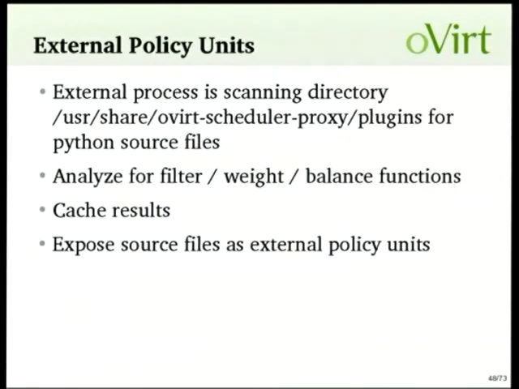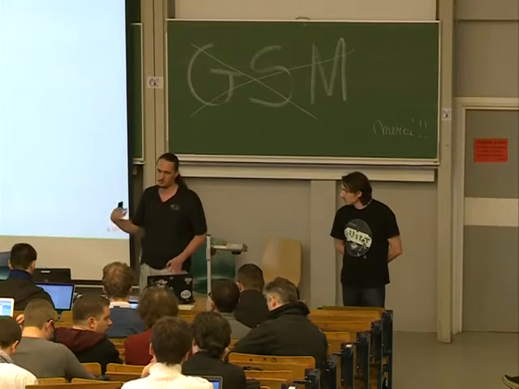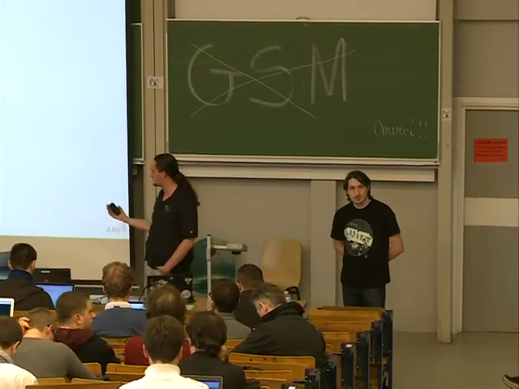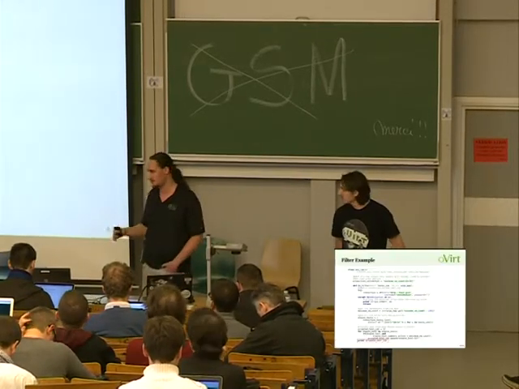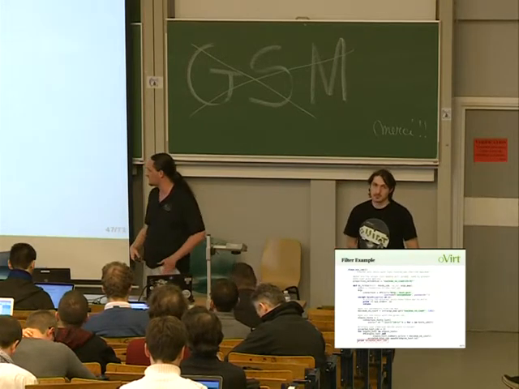So basically, the filtering module is the same as the weight module, just with a different method that we need to implement, and the same for the load balancing module, which is also a method. So we can have a file with one module, or we can have a file with all the modules implemented, and then each module has its own logic.